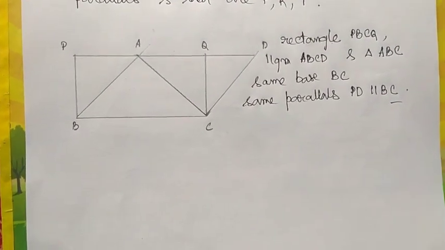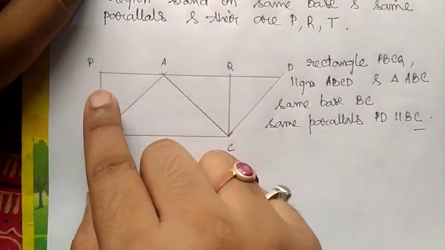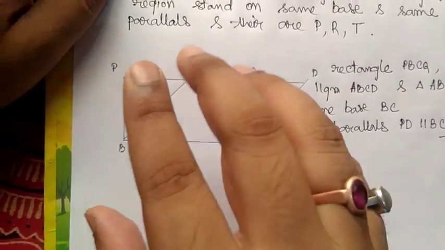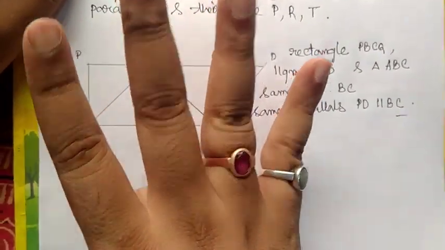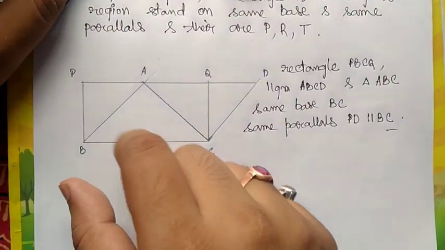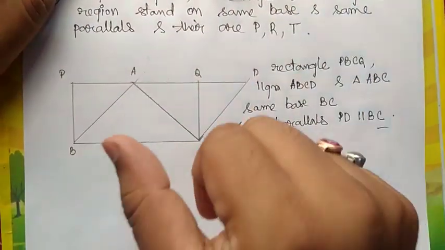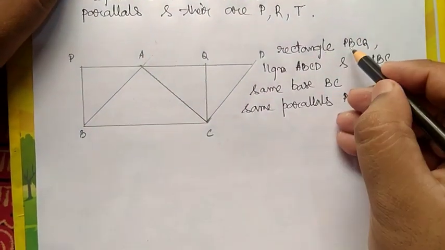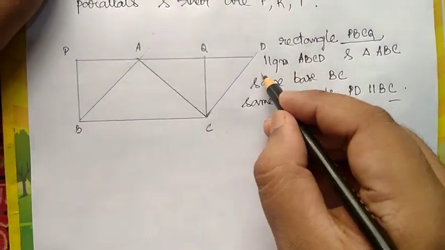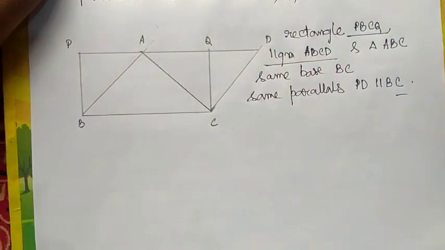We know that a rectangle can also be said to be a parallelogram. A rectangle is a special type of parallelogram. So here rectangle PBCQ or parallelogram ABCD, both are parallelograms.